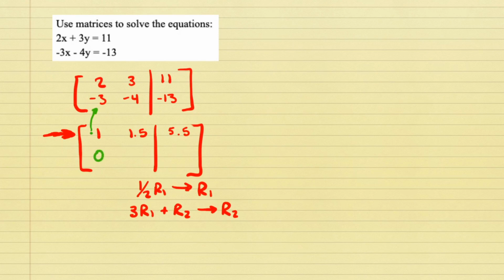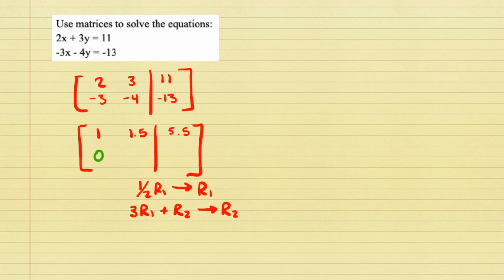That's the number I want to have happen. So 3 times the new row 1, added to row 2, and then replace row 2 with those answers. What I've done effectively is made a 0 in that bottom left corner.